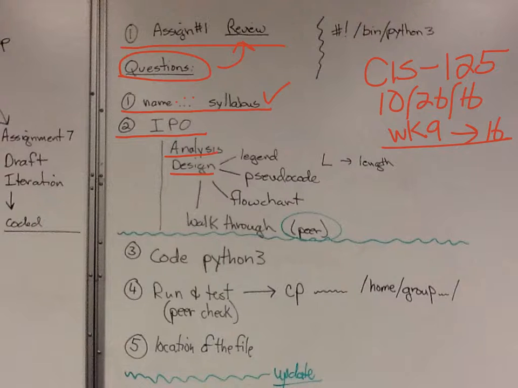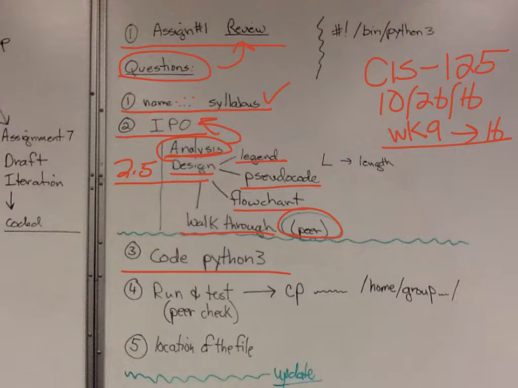Input output process. So that's with the analysis. And then after that, which is really probably, I'll call it step 2.5, you have your design, you have a legend, pseudocode, flowchart, walkthrough, peer review. And then code it. Python 3, to have the interpreter.